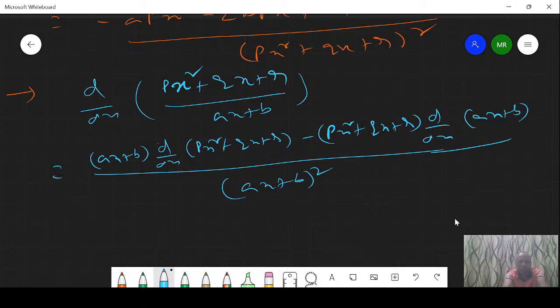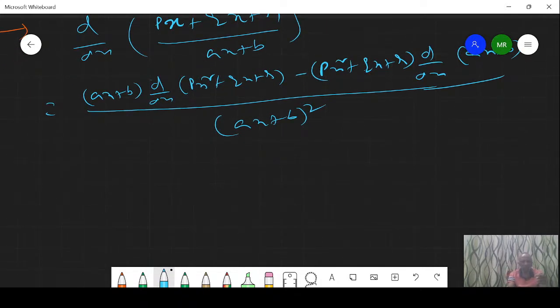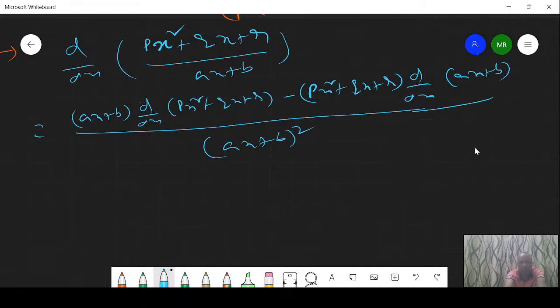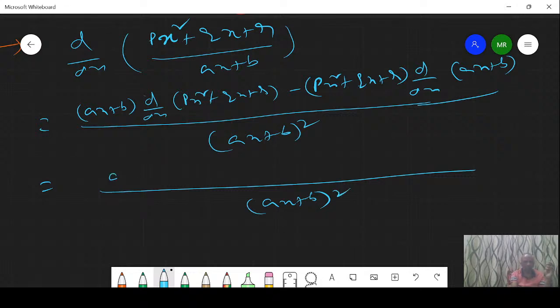Now when I am doing this quotient rule, you can see here, I will get the same thing. The denominator will be the same: (ax plus b) whole square. Now (ax plus b) into derivative of this part. You can write px square, x square 2x, 2px, and this will be q into 1, q, constant 0.